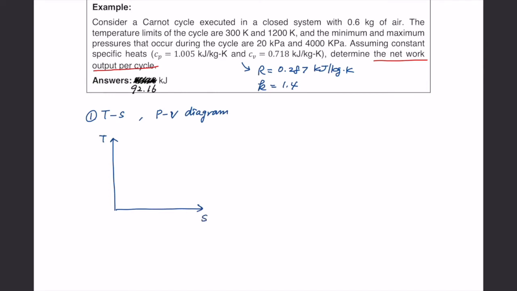In the TS diagram, the Carnot cycle makes a rectangle between TH and TL. Now we know this TH is 1200 Kelvin and TL is 300 Kelvin. Also, that is bounded by S1 and S2.